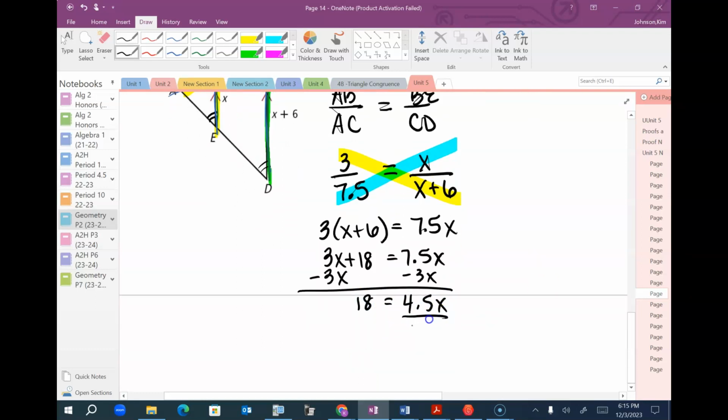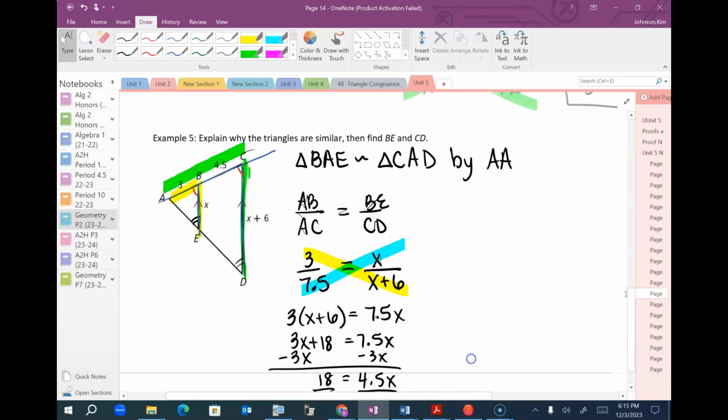Last but not least, we divide by 4.5 on both sides, and 18 divided by 4.5 is 4. So x is 4. Our job was to finish this by finding the length of BE and the length of CD. If x is 4, that means BE is 4 units long, and CD is 4 plus 6 units long, which gives us 10.